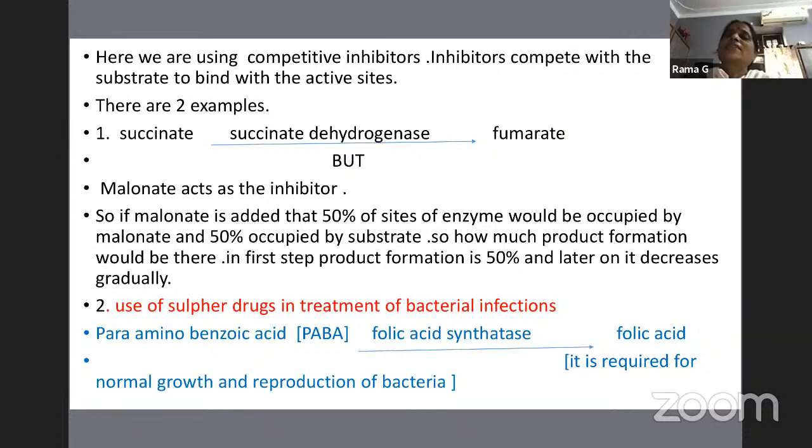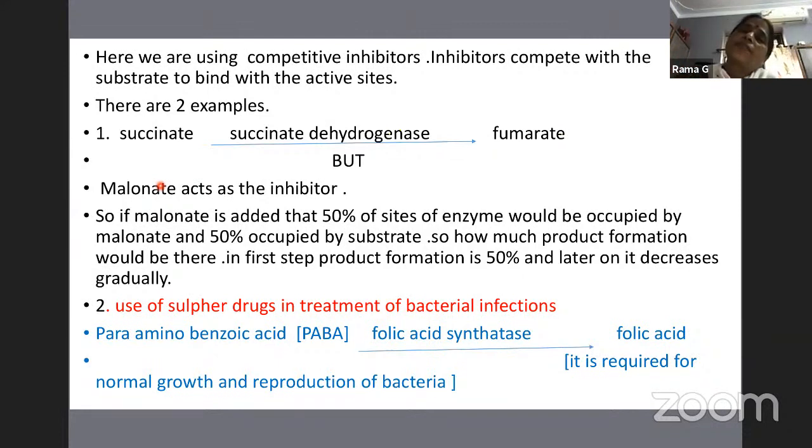This malonate acts as an inhibitor in this reaction. So in the presence of this malonate, succinate molecules are there and malonate molecules are there. So as we said in the first slide, this inhibitor, that means here malonate, is acting as an inhibitor.